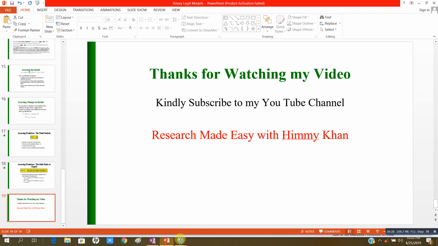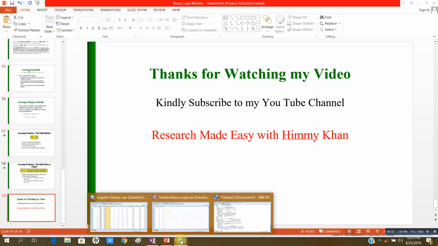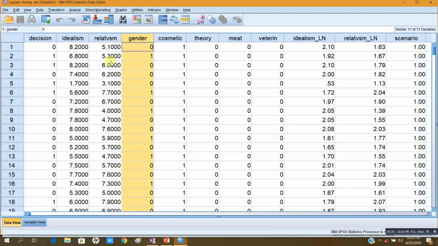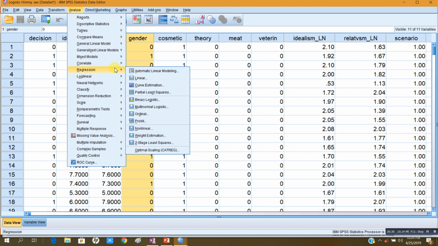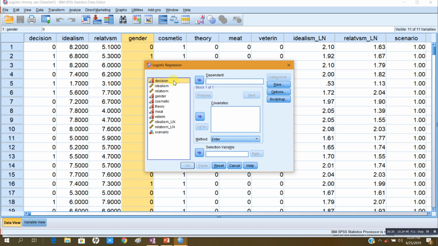So binary log, the decision is my dependent variable. I will click this variable here, I will click this variable here, and let me click this variable to be here, and so on. These are various variables, and let me press OK.